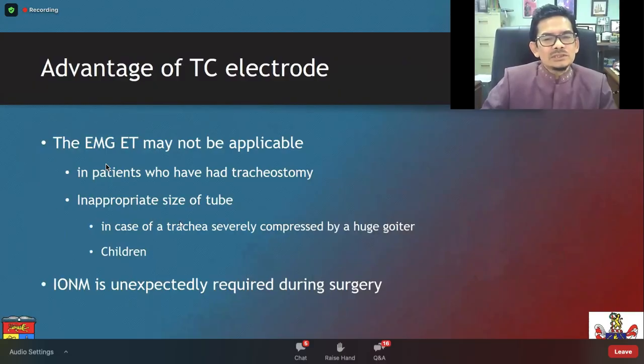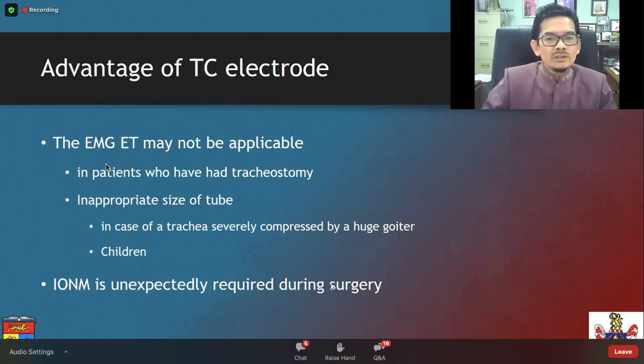The smallest EMG tube is 6.0. So if you are going to use 5 or 5.5, then you cannot use the standard EMG. I used it once in a 6 year old child with cancer. So we were using a size 5 tube in that case. So we used the Taiwan method for the thyroid cartilage in that case.